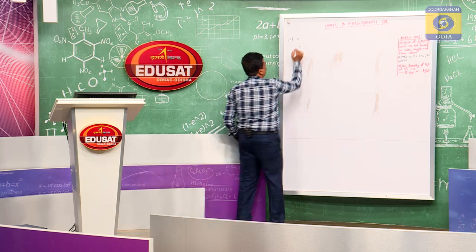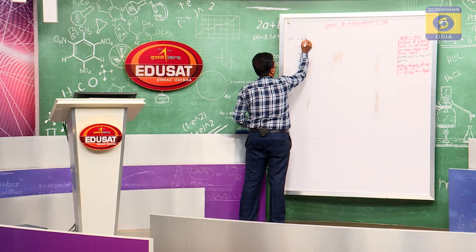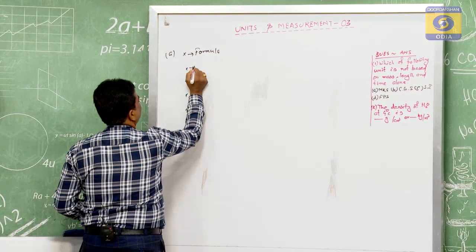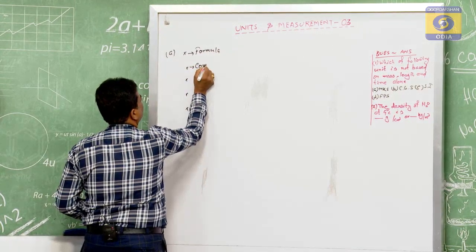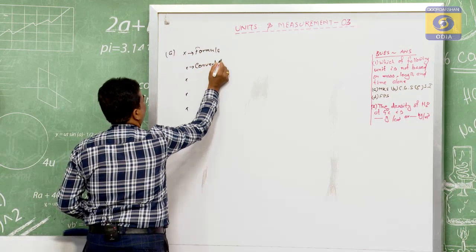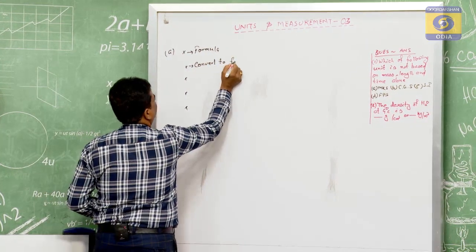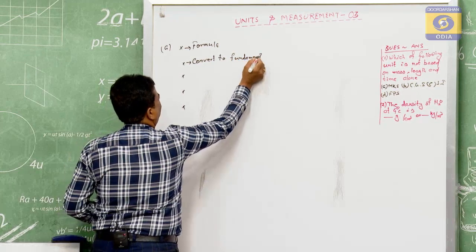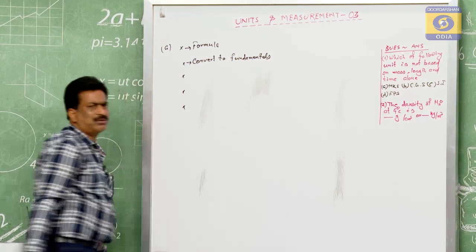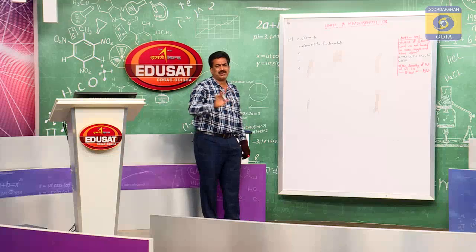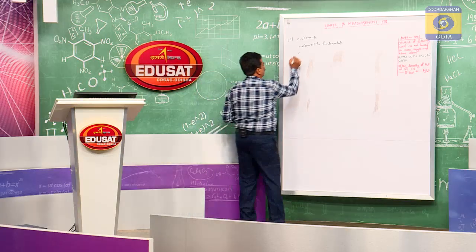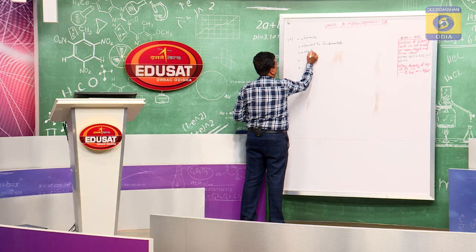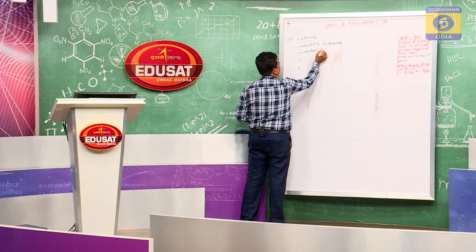The first step is to write the formula. The second one is to convert to fundamentals, if that is not in the fundamental. The third one is the shortest form.